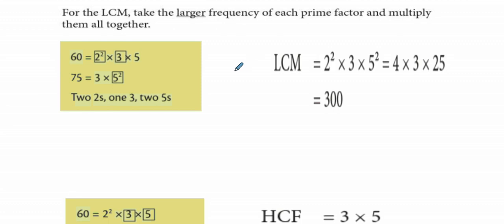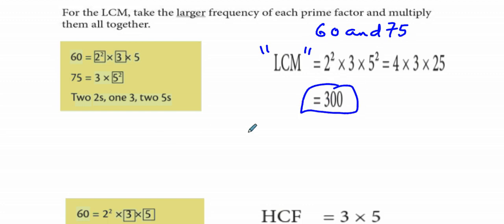We discussed this earlier, but quickly we can check if the LCM of 60 and 75 equals 300. Okay, so without further ado, let us see that.